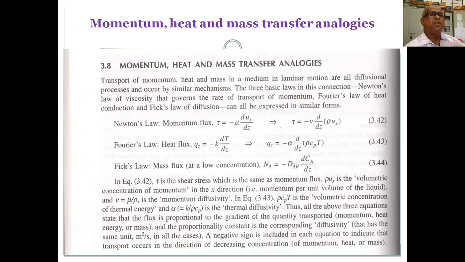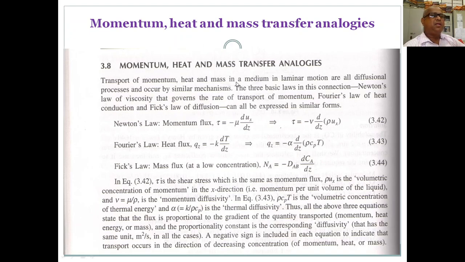Correspondingly, the proportionality constant for heat is the heat transfer coefficient, and for mass it is the mass transfer coefficient, and the reciprocal of the coefficient is called resistance.